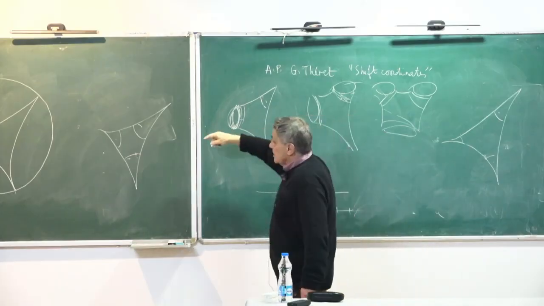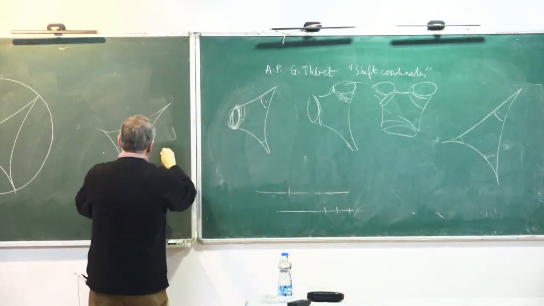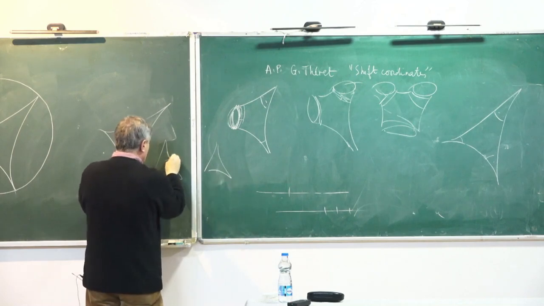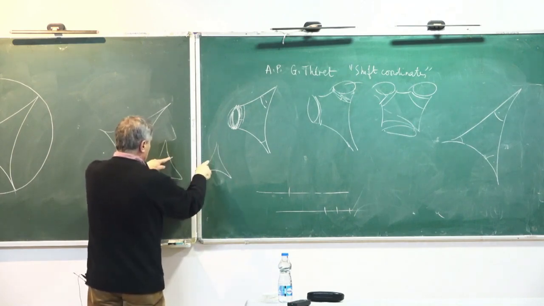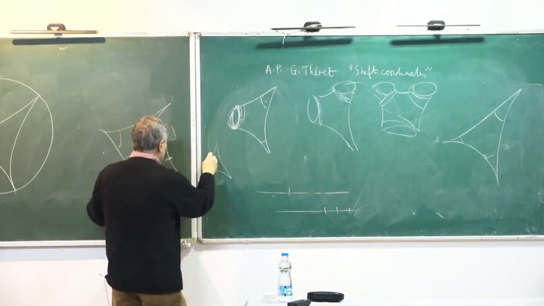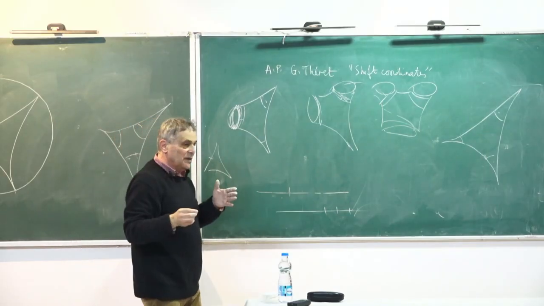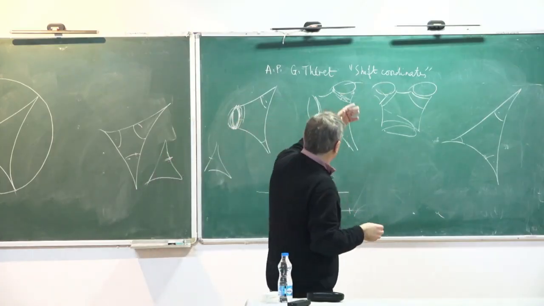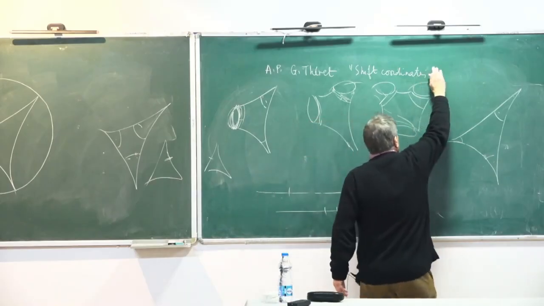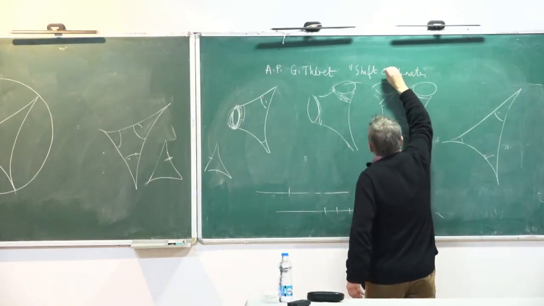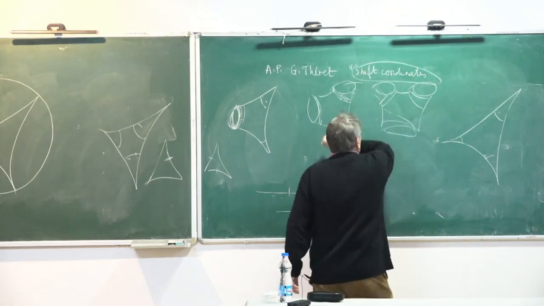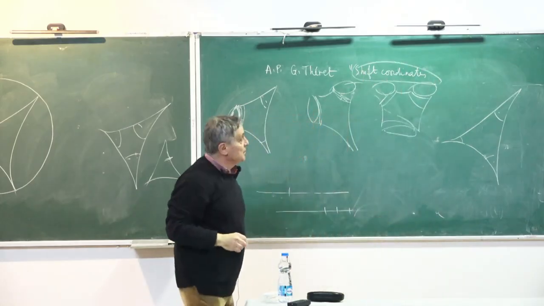These coordinates here, when you glue two ideal triangles, you have a natural 0 and then a natural identification with the real numbers. Shift means just the translation, so they are called shift coordinates. The title contains this word shift.